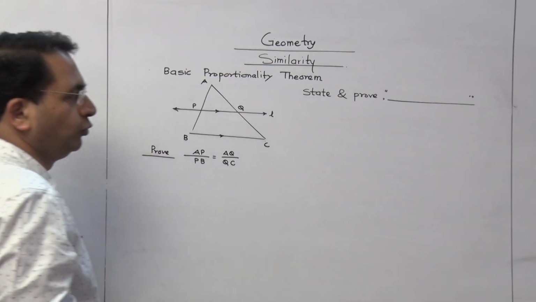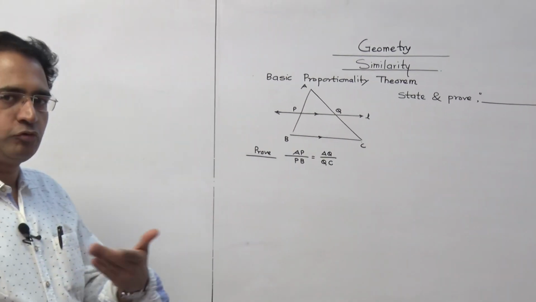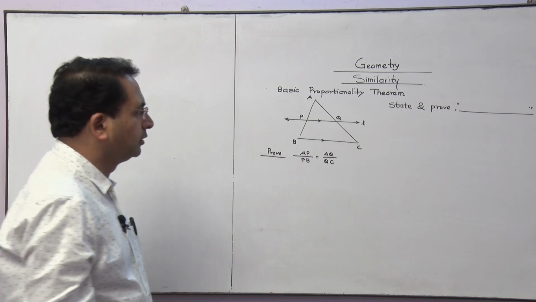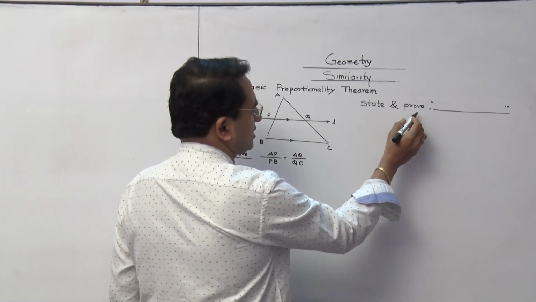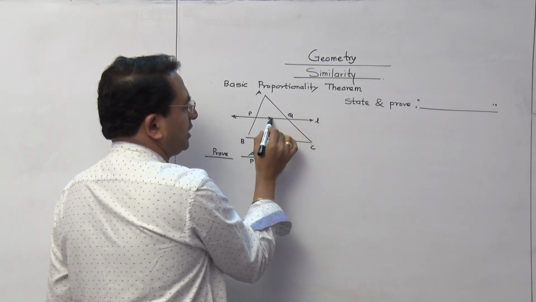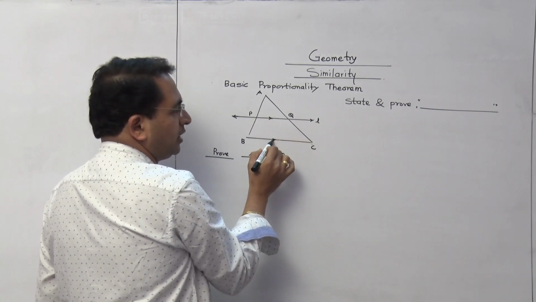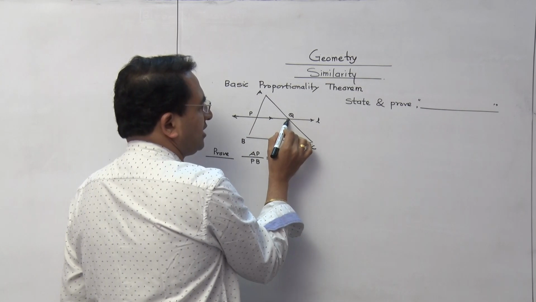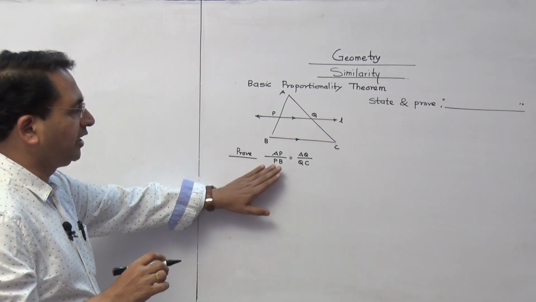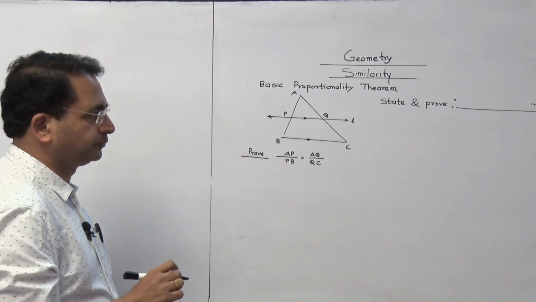So we are supposed to write the proof statement. That statement is: a line drawn parallel to one side of a triangle divides the other two sides in proportion. Ultimately we have to prove this.